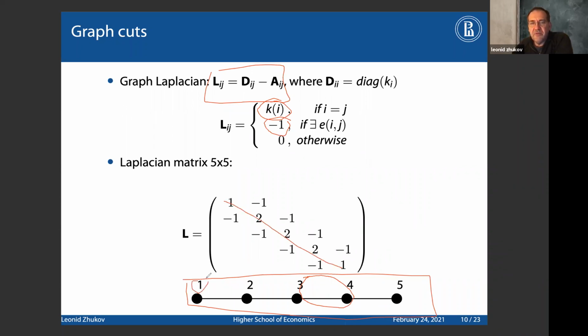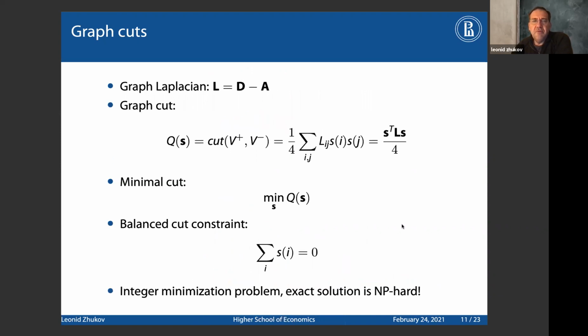The degree of node number 1 is 1, node 2 is 2, node 3 is 2, node 4 is 2, etc. And then it has -1s for each edge. So this is the Laplacian matrix, and it's very, very useful if you want to study graphs. The graph Laplacian.